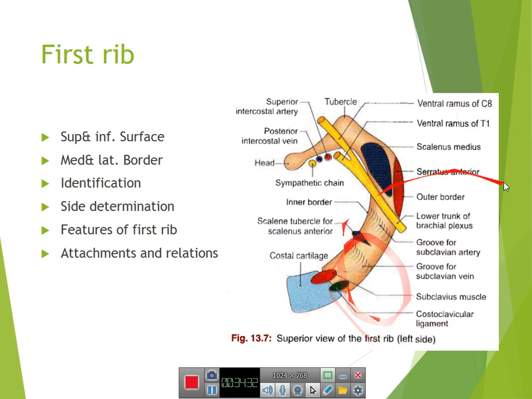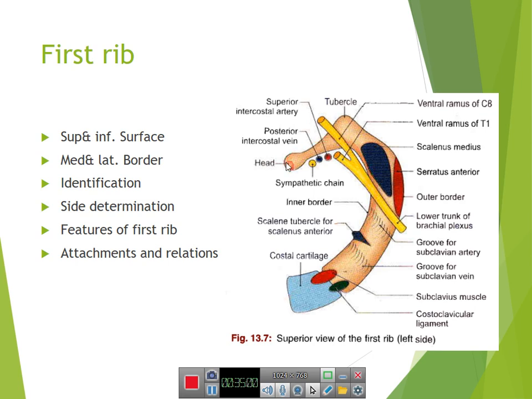The anterior end, that I'm showing to you, is larger and thicker than that in other ribs. It is continuous with the first costal cartilage and articulates with the lateral border of the sternum.